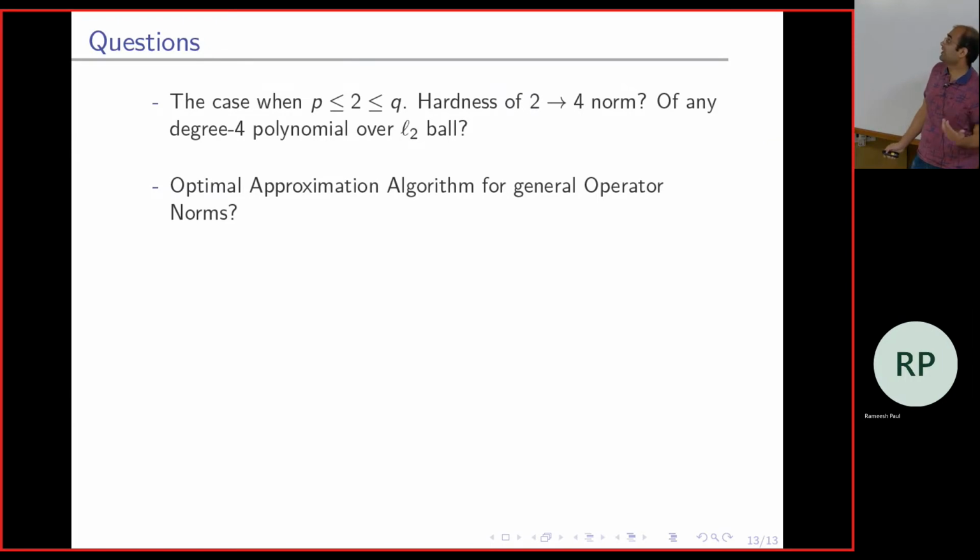So you can ask, if I'm on the ℓ2 ball, maximize an arbitrary degree 4 polynomial. If you're trying to think about hardness, let's not worry about the 4 norm for a moment. Let's try to give a hardness for maximizing degree 4 polynomials.